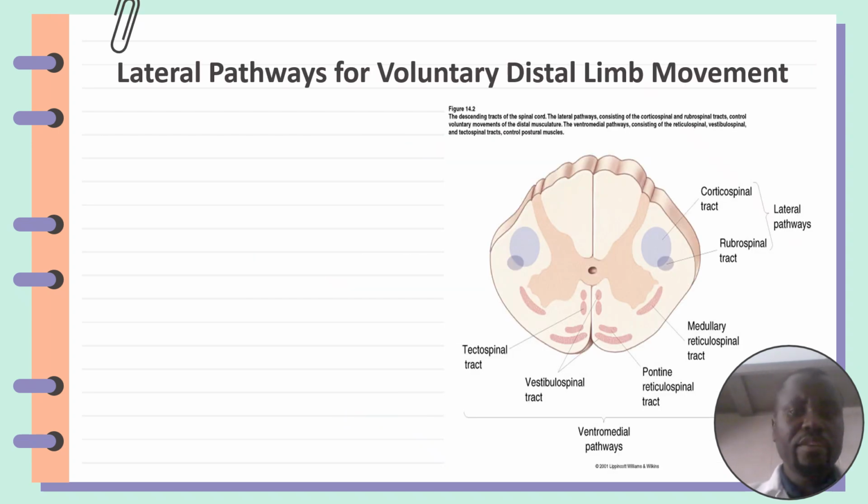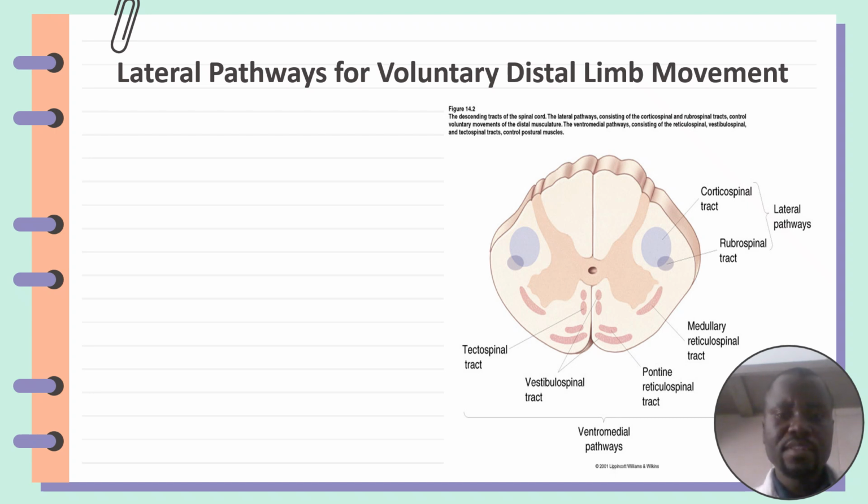So the descending pathways, we can start with what are called the lateral pathways for voluntary distal limb movement. When you look at the illustration in the slide here, you'll see a transverse section of the spinal cord that illustrates the different pathways. You'll see those in a darker color, located on the lateral aspects of the spinal cord, and so they are called lateral pathways.